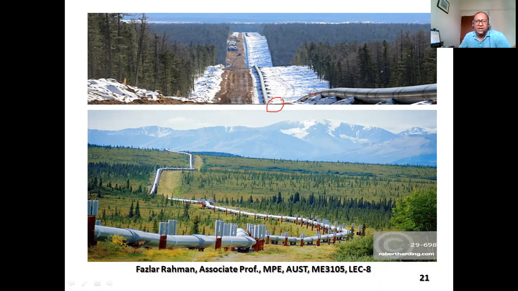When coming down the hill, fluid velocity will increase. But after reaching the bottom of the hill, it needs to climb, right? Velocity will be reduced a little bit. If velocity reduces, then what will happen?